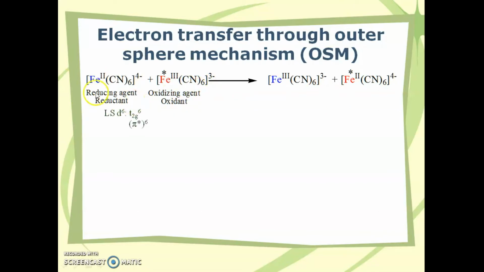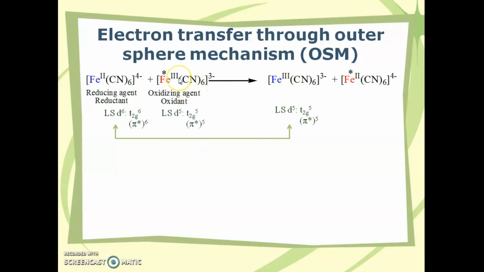Now let us see the electron distribution here. All are low spin complexes. Iron in 2 plus is d6, so it is t2g6, that is pi star 6. After the reaction, it loses the electron from its pi star orbital and it is oxidized to Fe3+. What happens to the other complex?